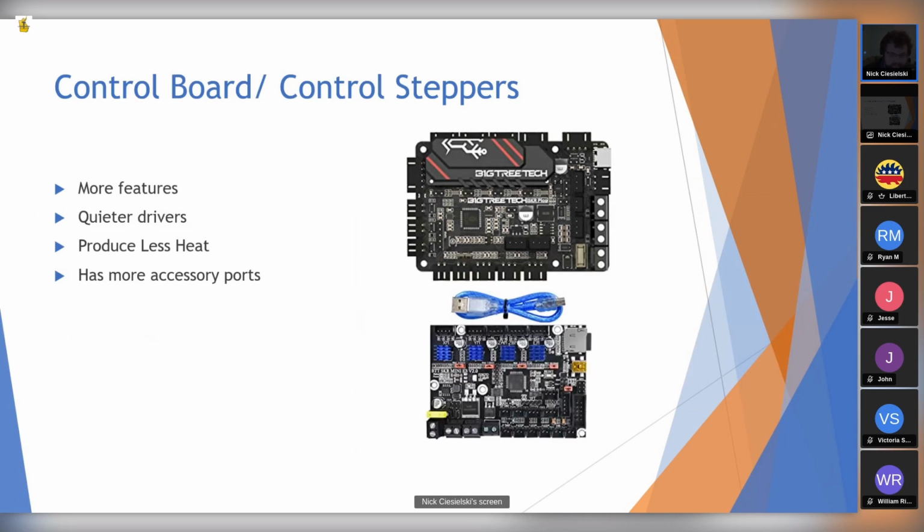Upgraded control boards. If you're getting a base model of the Ender 3, like I had, it will be loud. You're going to hear a burp, burp, burp, burp every time the stepper motors move. It'll get annoying. It'll drive you crazy.